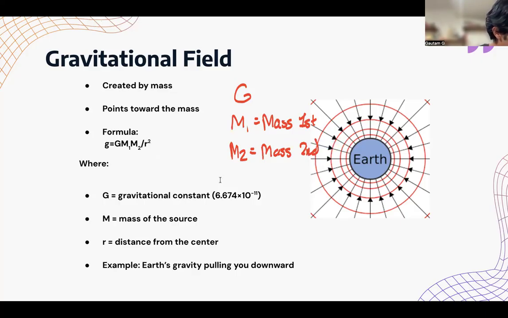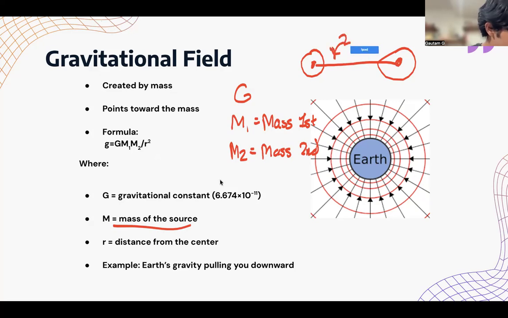So, mass of the source, mass of this. So these two, and then you take the distance between the center of both masses, right? This is the distance, and then you just square it, r squared.